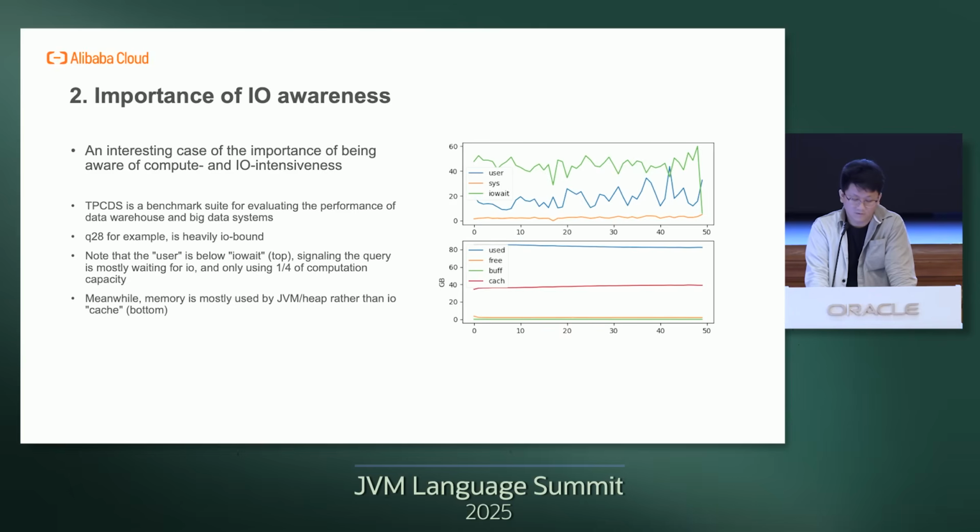I have this graph on the right that shows that during the execution of Q28, we have the blue line representing the user CPU and the green line representing the I/O wait. We notice that I/O wait is significantly higher than the user CPU, which means that it's heavily I/O bound. Then we can look at the memory graph.